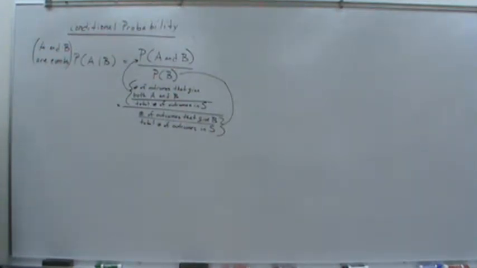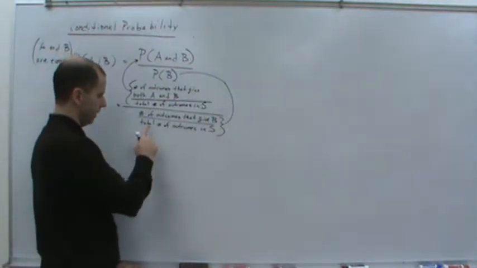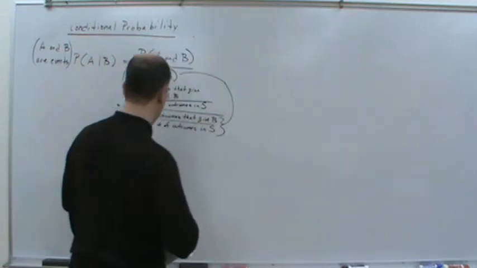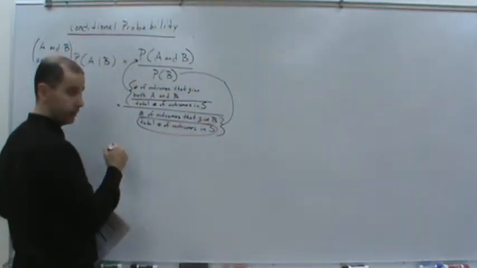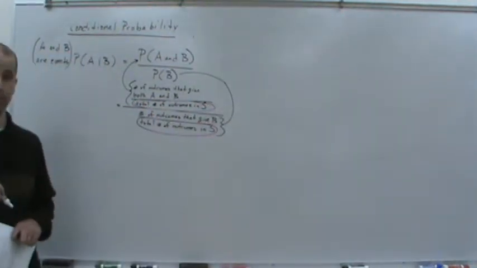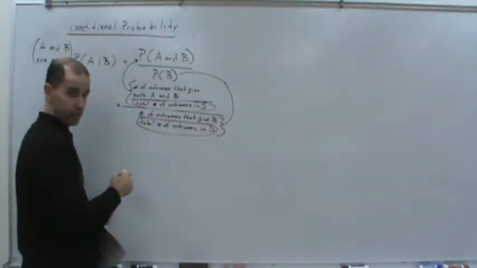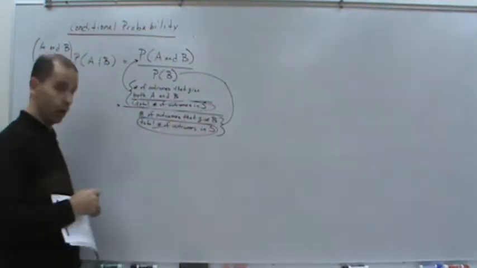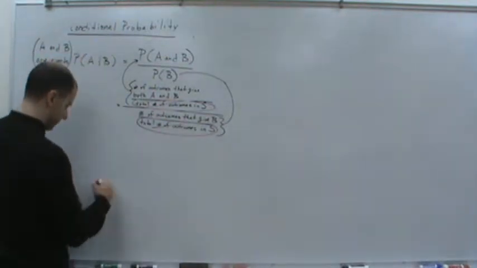Okay? So now, what happens here? Well, look at this here. This number and this number will always be the same, which means I'm dividing by the same number on the bottom, which means this number and this number will always cancel. And so what am I left with?